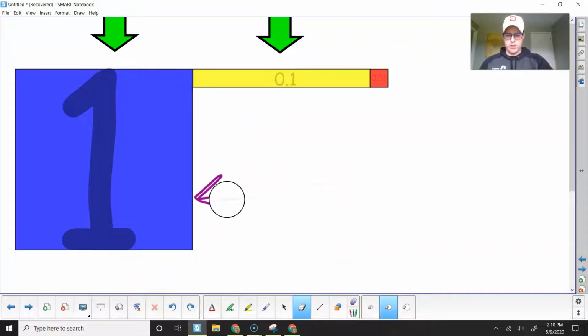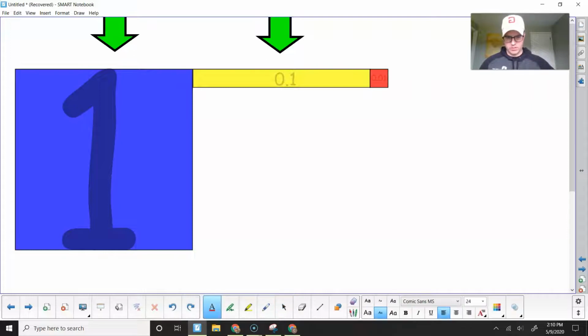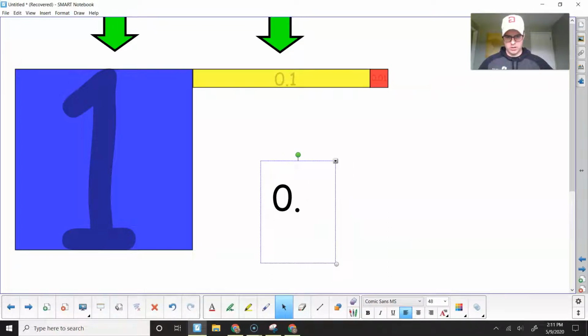Now, what if we just started counting to get to 1 whole? Let's do that. Let's just count by tenths. Okay, so I'm going to type here. I'm going to type 0 point, and we're just going to fill it in as we go, okay? I'm going to make it bigger.